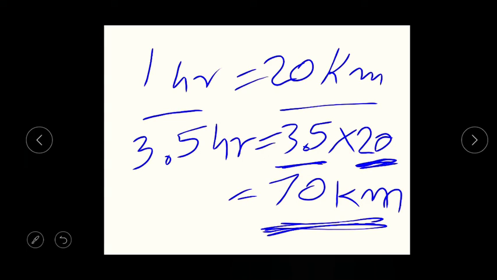That is 70 km. We have just multiplied a distance of 1 hour with 3.5. Can anyone tell why 3.5? Because they have given that we have to find distance traveled by a boat in 3.5 hours. Therefore, we have multiplied 3.5 with 20. Simple.